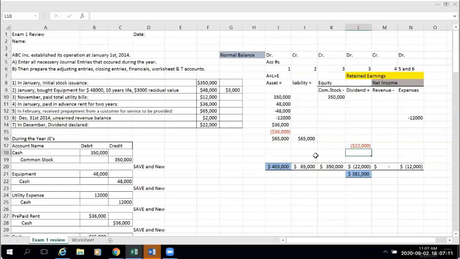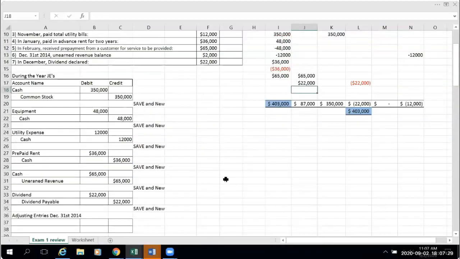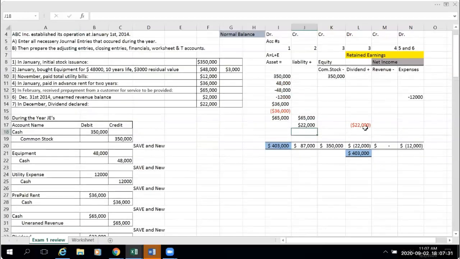And we have a liability. We didn't pay that, so it's going to be dividend payable. The liability will increase. Enter. As you see, minus 22 and plus 22 on the right-hand side wash each other out, and still our asset equals liability plus equity.